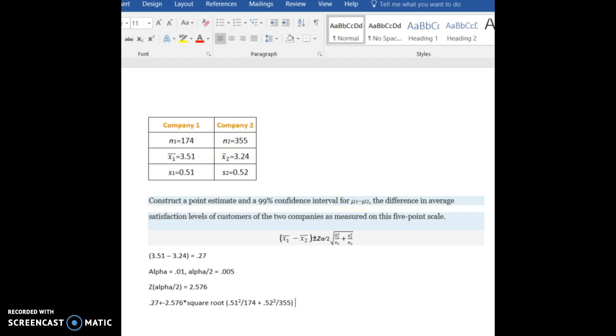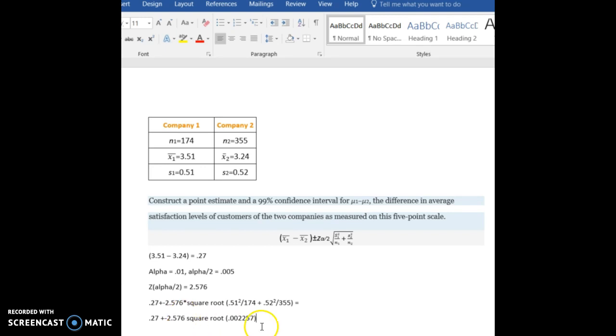All right, and now let's do those calculations. I'll do this step by step so you can check that your calculations match mine. I'm going to leave the z for the moment and do the inside of the square root first: 0.51 squared divided by 174 plus 0.52 squared divided by 355. That gives 0.002257.